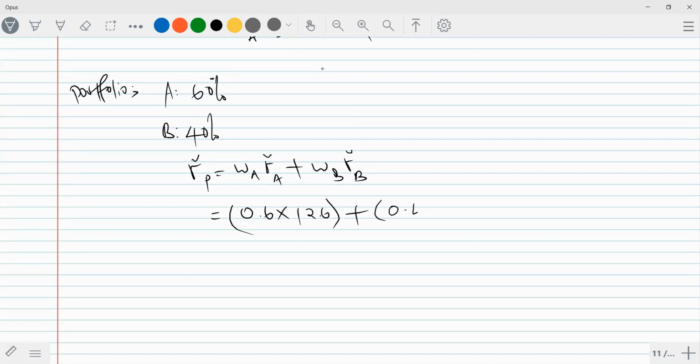We invest 40% towards B, and the return we expect from B is 6.3%. That gives the return expected from the portfolio, 60% in A and 40% in B. How much is the return on the portfolio?